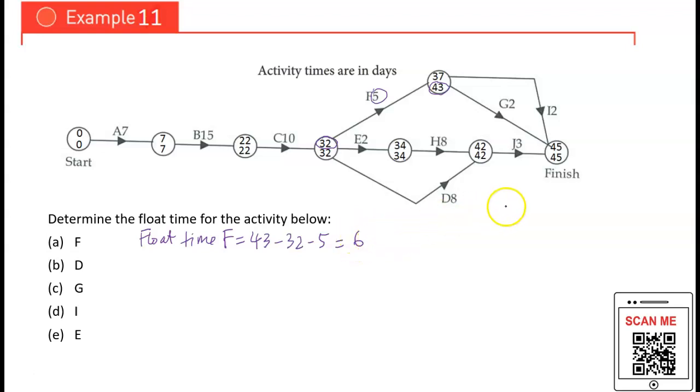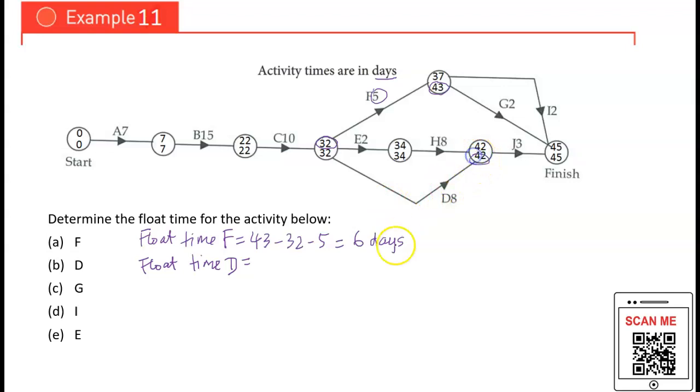What is the unit of the question here? It is in days. So that's the first answer. Let's look at the next one. You're supposed to find the float time for D. Where is the D activity? The arrow is from left to right.